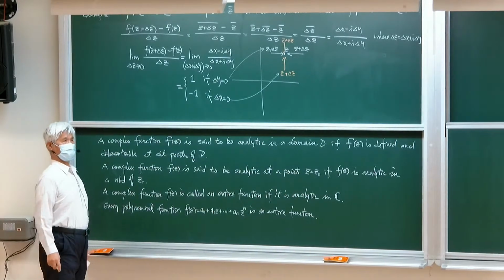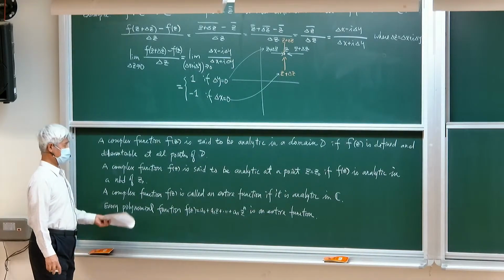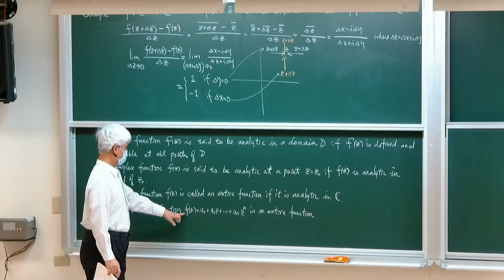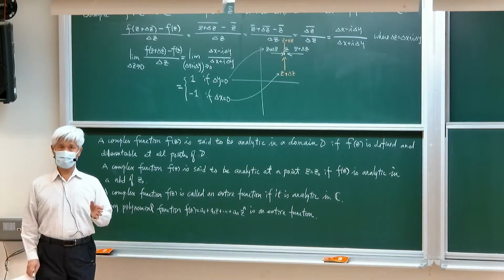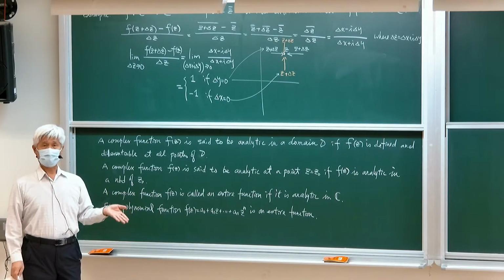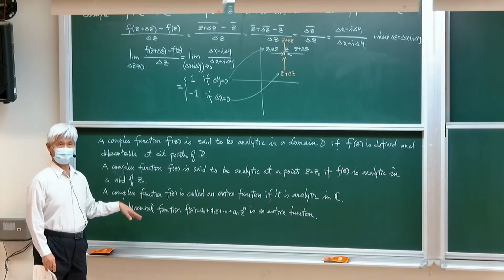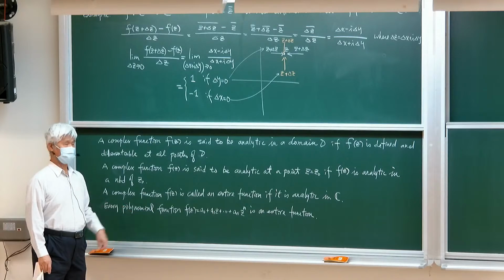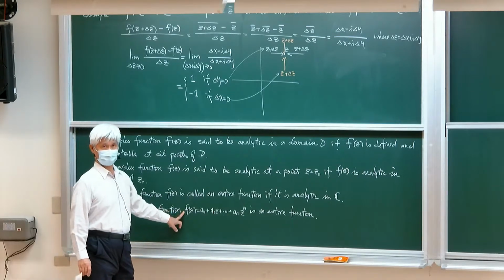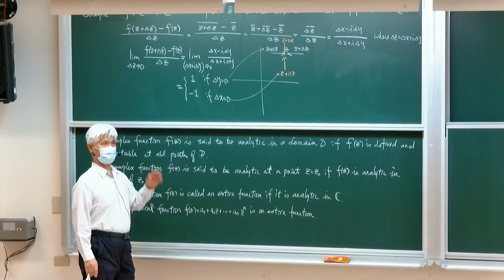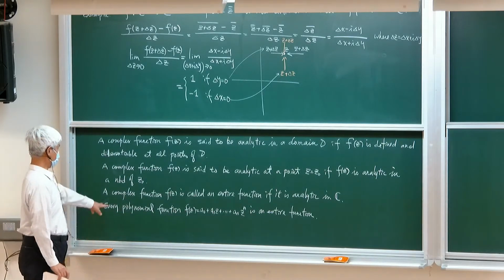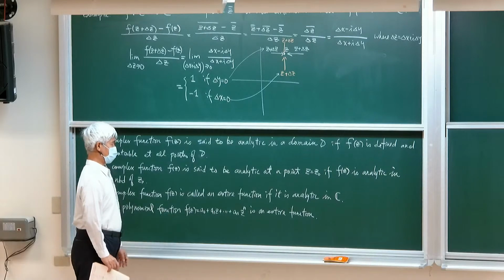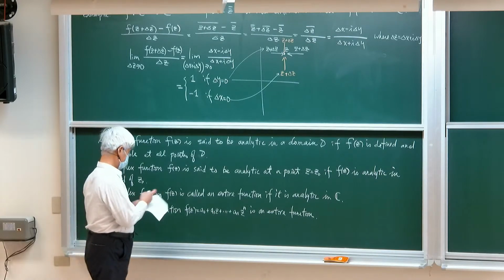As you can prove, that's a polynomial function defined on the whole complex plane, and it is differentiable at every point. And you can find its derivative, as we computed last Thursday. So every polynomial function is an entire function.